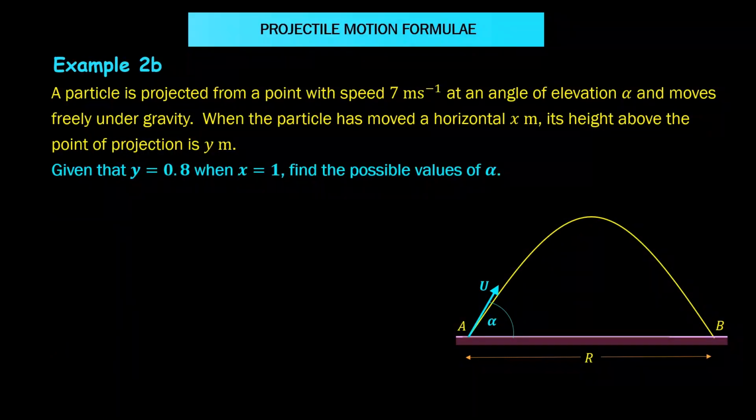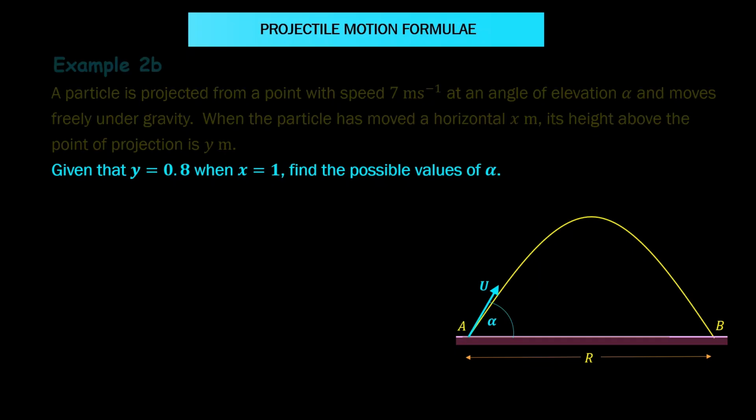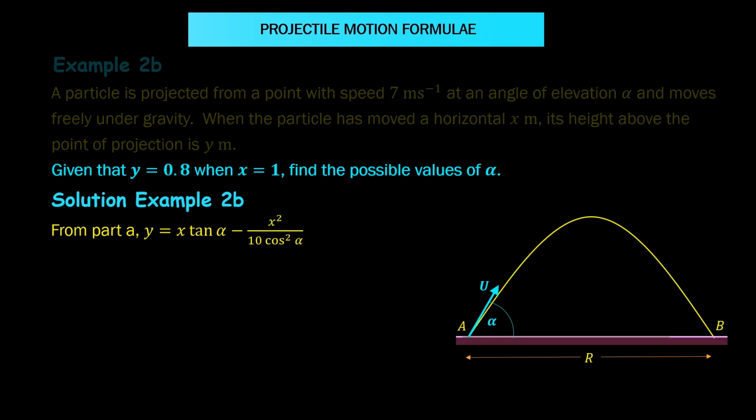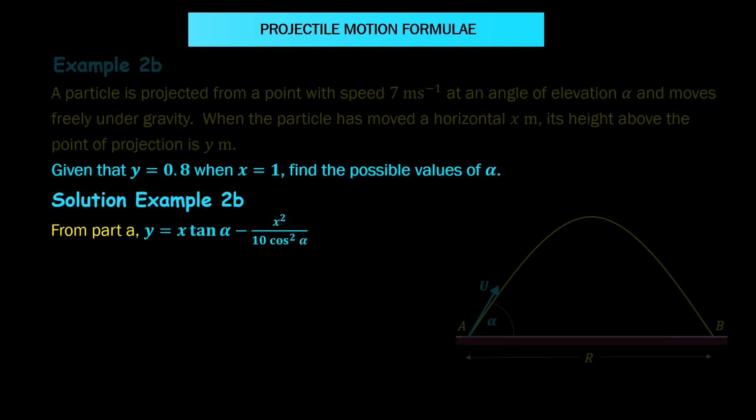Now let's take a look at part B. Given that y equals 0.8 when x equals 1, find the possible values of alpha. So let's solve this. From part A, we have this expression for y.